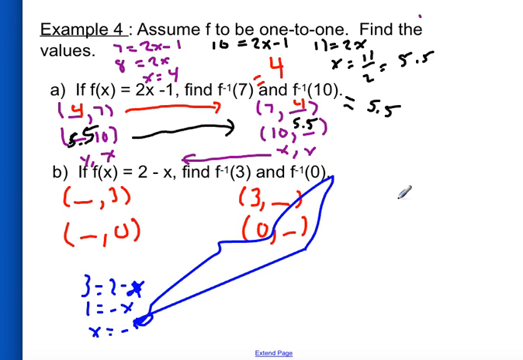Oops. I just started writing all over the place. So now, see if I can erase some of that. All right, so I'm just going to clean this up a little bit.